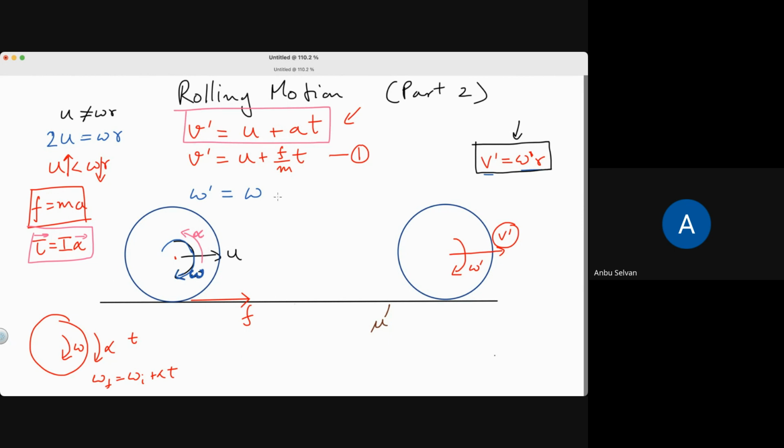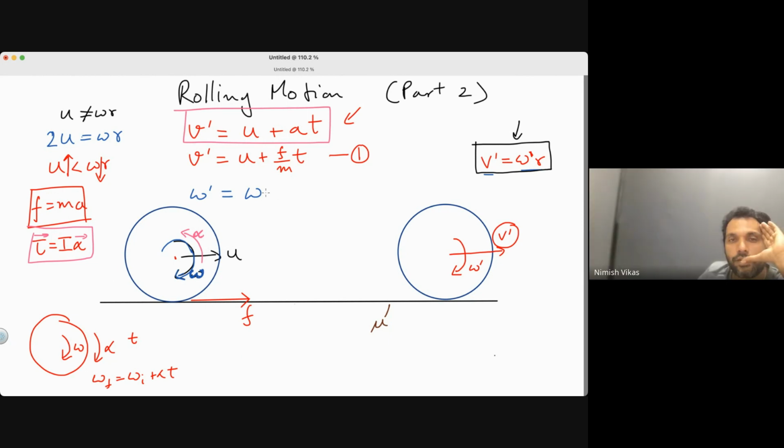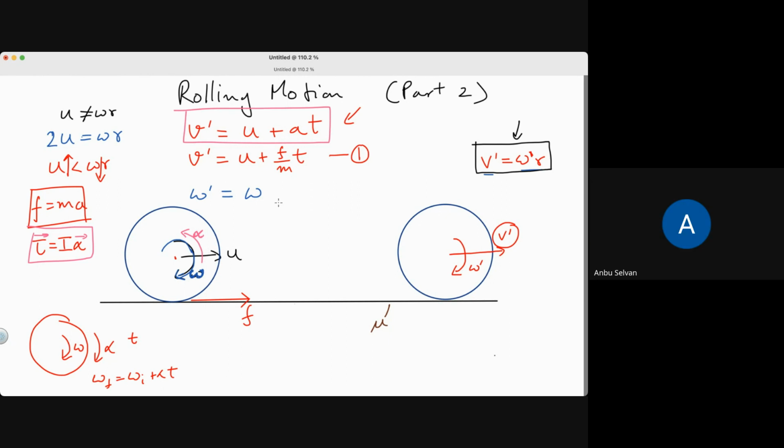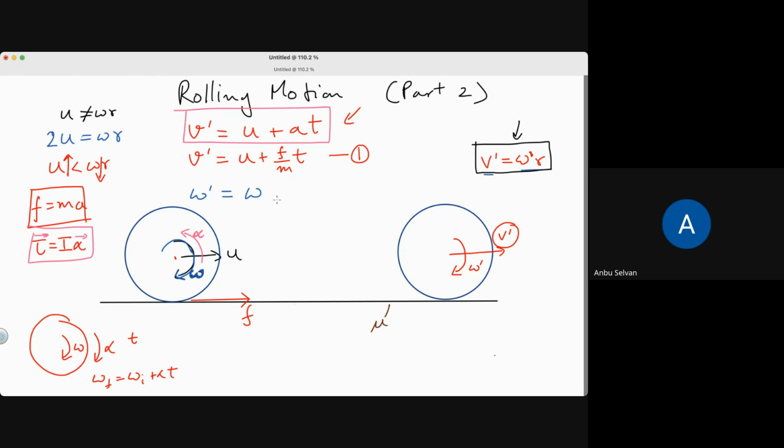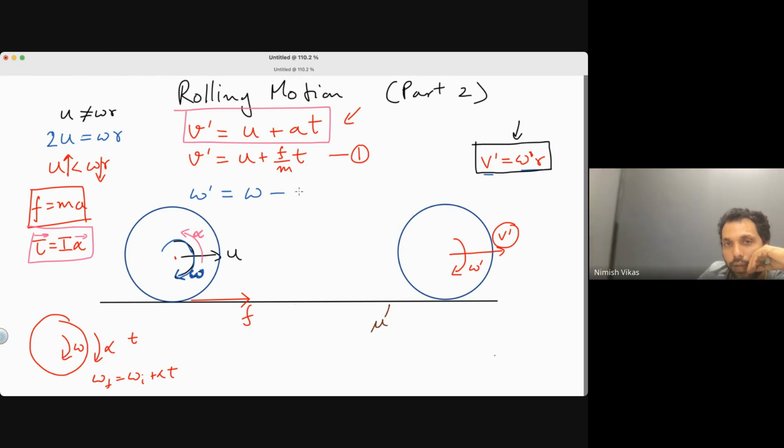Omega plus... FR by... Okay, we'll do the F and all later. Tell me in terms of alpha. No, not torque by moment of inertia. This equation, tell me in terms of alpha. Later on, we'll write alpha as torque. Omega plus alpha into time. Yeah, it is not plus. It is minus alpha t, right?